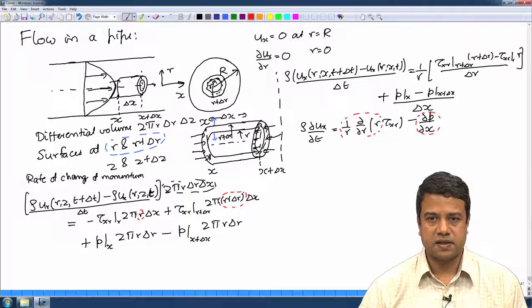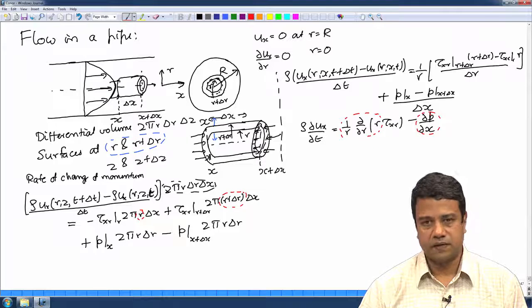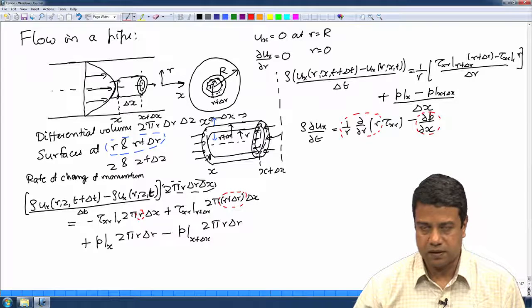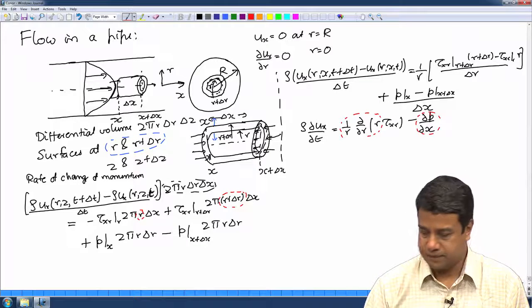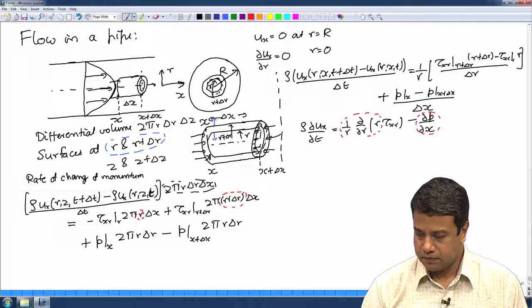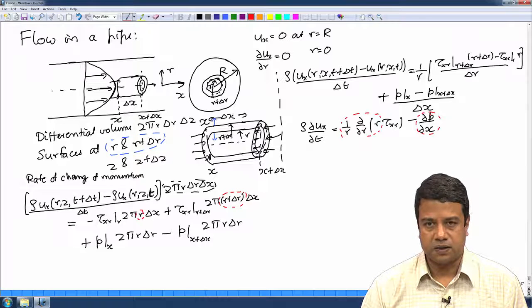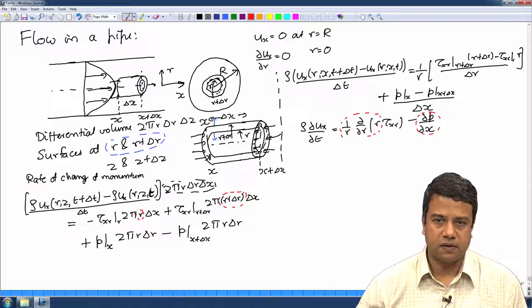The surface area is changing and the stress is also possibly changing, and because of that you have this additional differential operator here. In the case of a Cartesian coordinate system, it was just one derivative on tau x z.